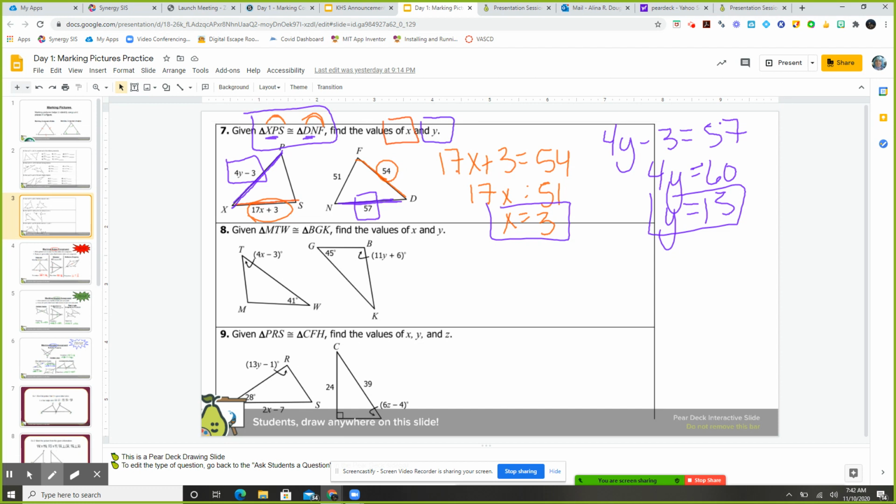Okay. Let's look at number 8, and then we're going to continue moving along. I want to find x and y again. So x and y. What can I use to find x? Angle T goes with what?